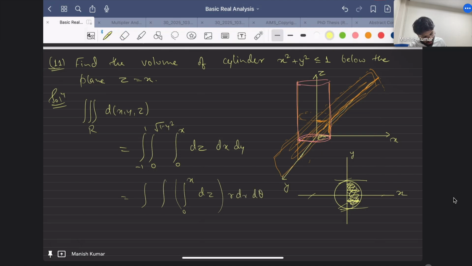Okay, so these are the same thing. This is in polar, this is in Cartesian. So you can try to evaluate these integrals.